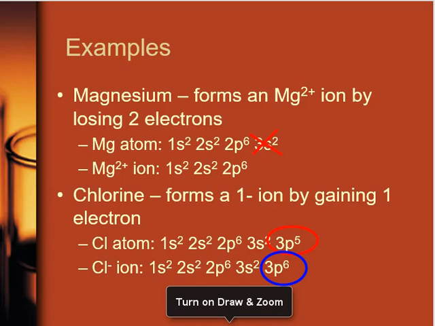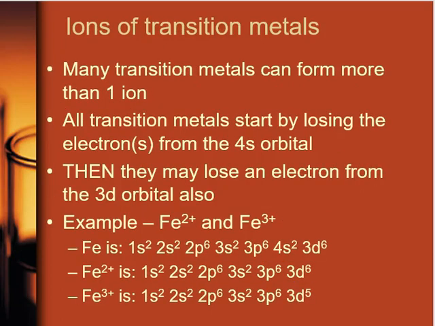So when we look at transition metals, then their electron configurations are somewhat more complicated. So transition metals are more complicated because they have the 4s orbital and partially filled 3d orbitals. That's what makes them transition metals.